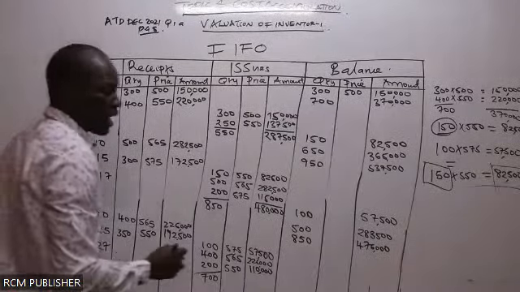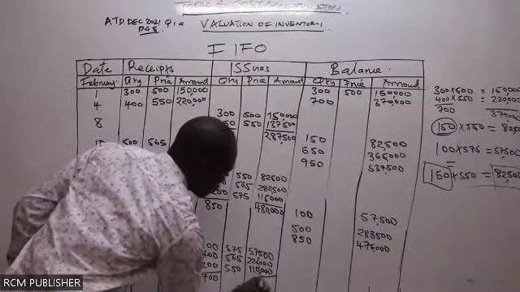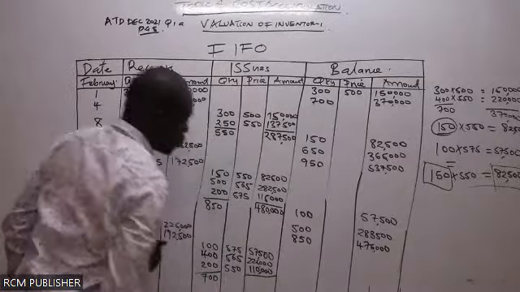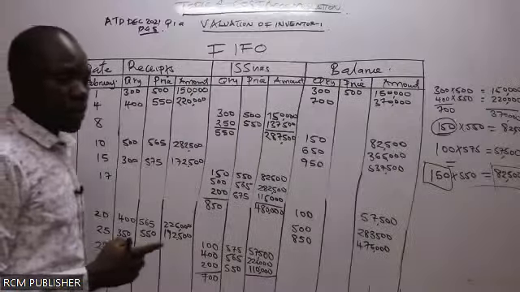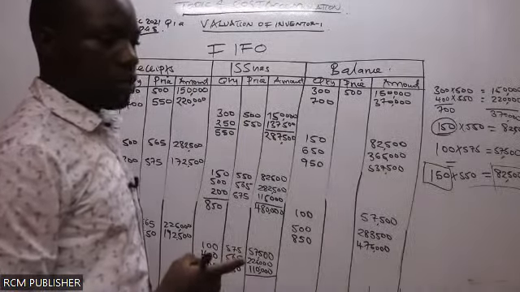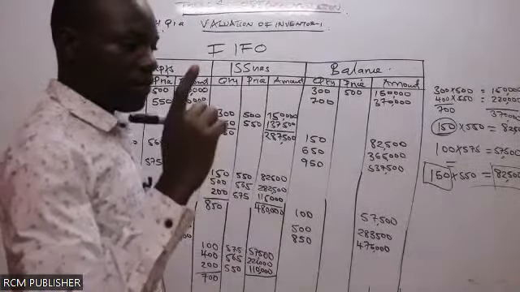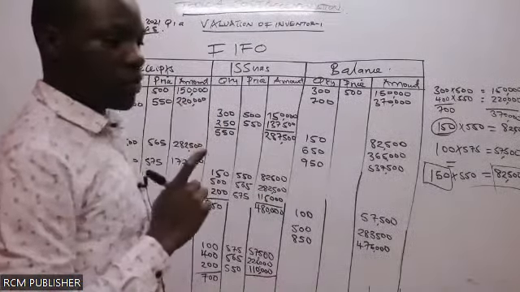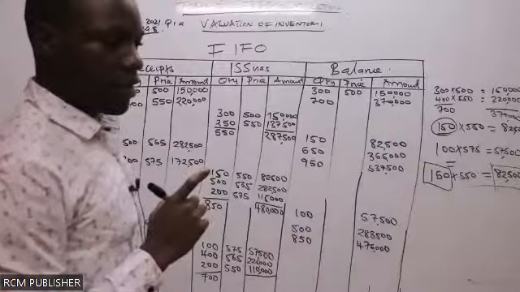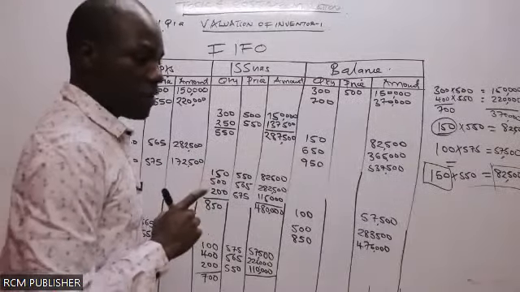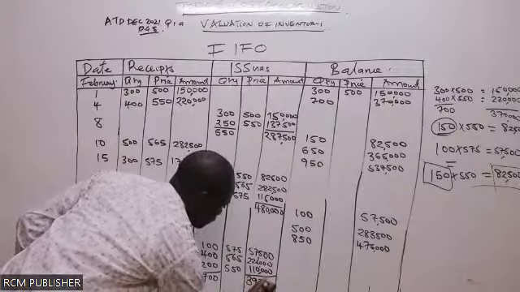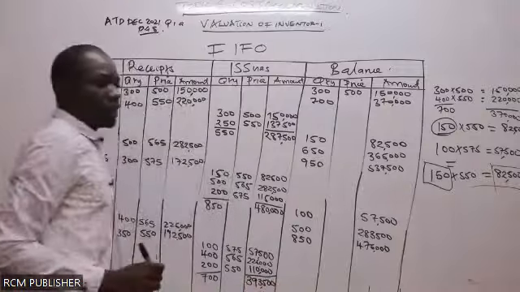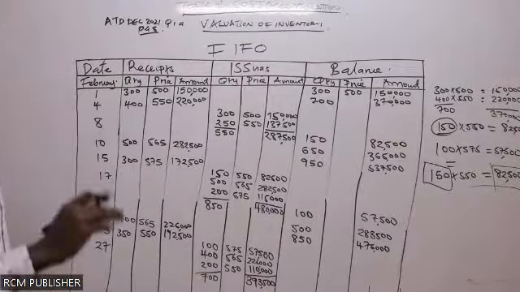Then when I come here in terms of value, what do we have? 57,500 plus 226,000 plus 110,000. What are we having? I'm being told we have 393. So whom should we trust here? 393,500. That is what we have.